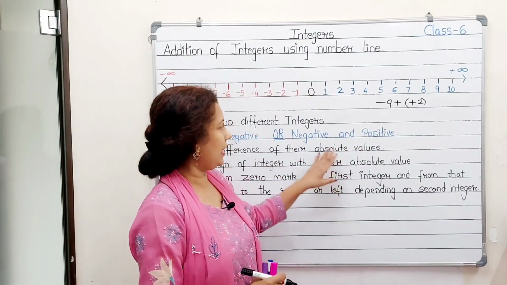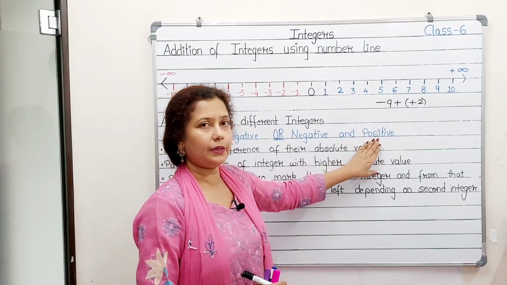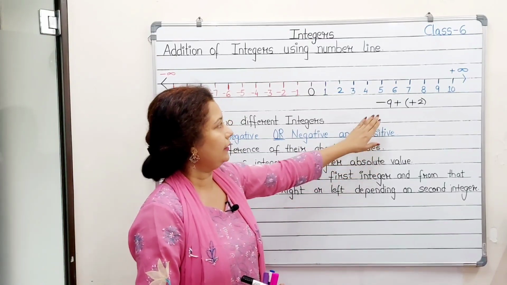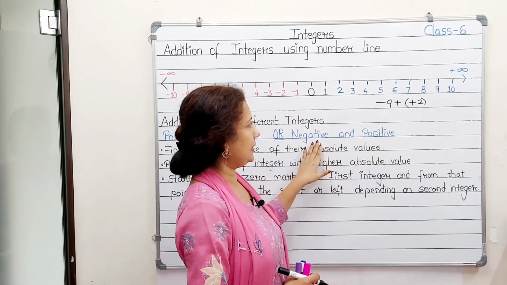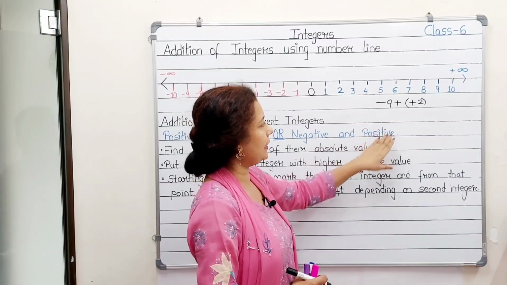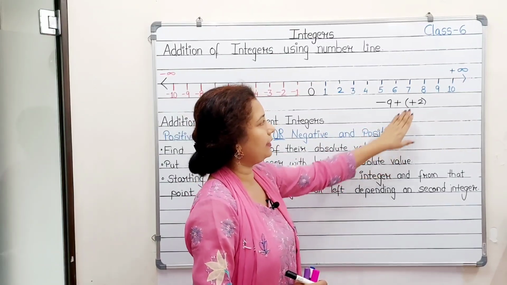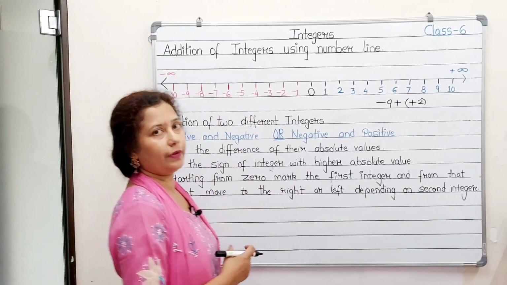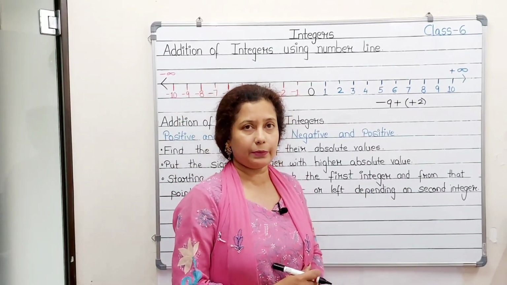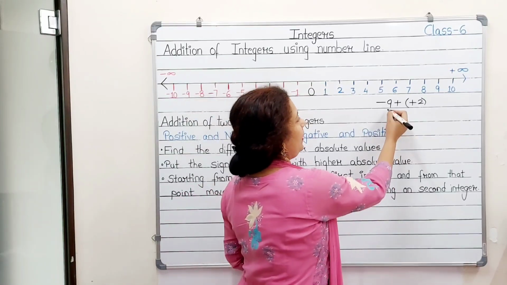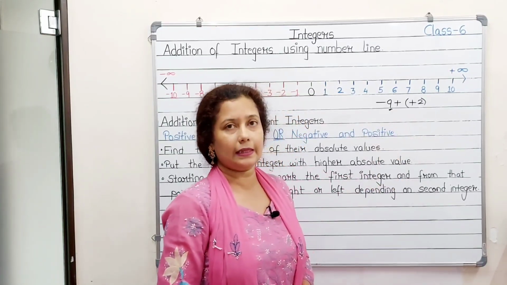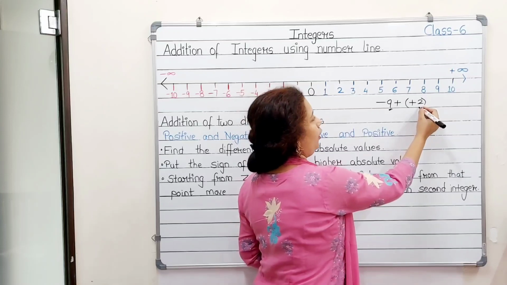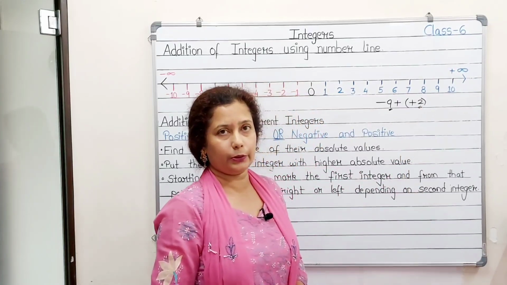Now we will see the example of a negative and a positive integer. Here the first integer is negative, that is -9, and the second integer is positive, that is +2. The steps remain the same. First we have to find the difference of the absolute values. The absolute value of -9 is 9. The absolute value of +2 is 2.